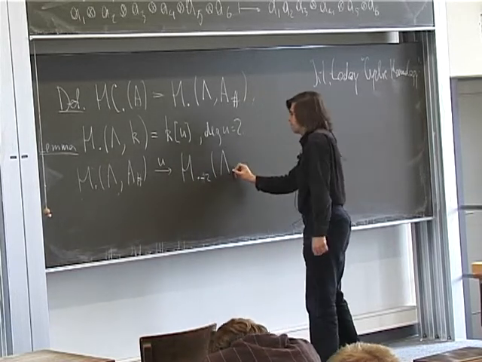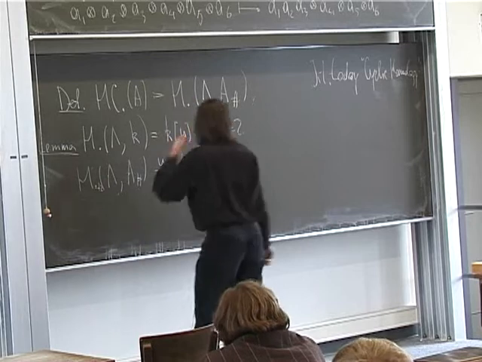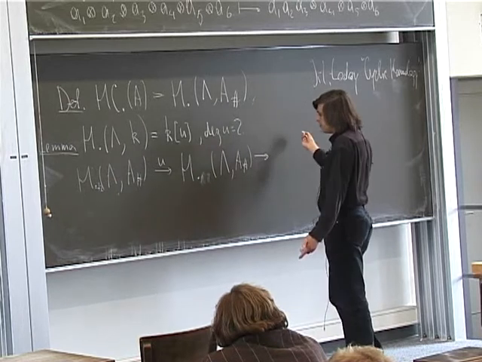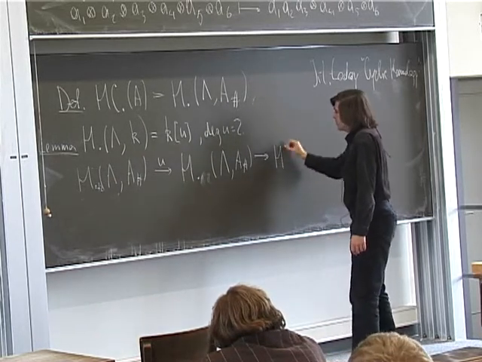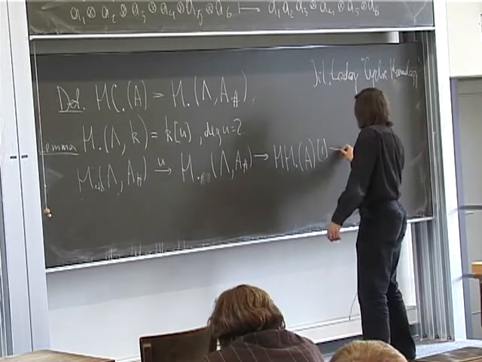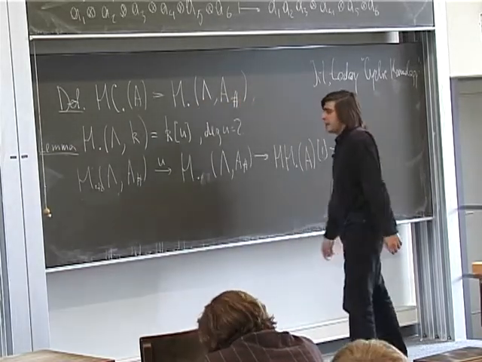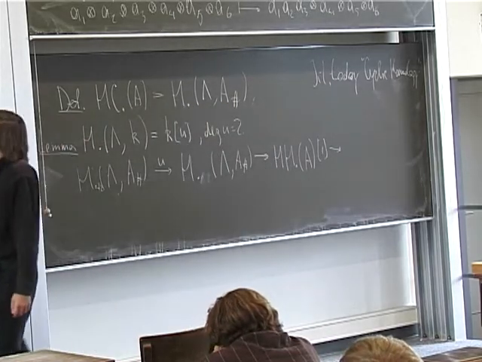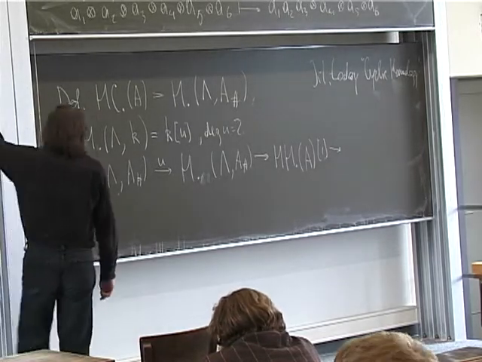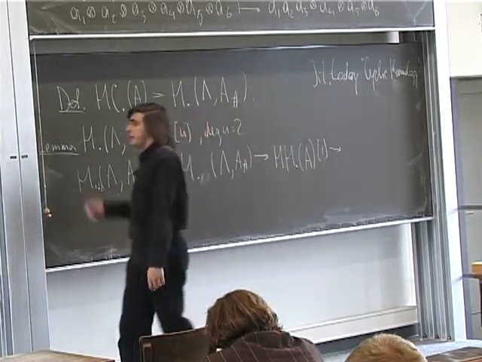And then what Connes proved is that the cone of this map is just the Hochschild homology of A, I think shifted by 1. So this will be my definition of the cyclic homology. Okay. And now I need a map like that. So to obtain it, I will need to introduce another small category related to that one.